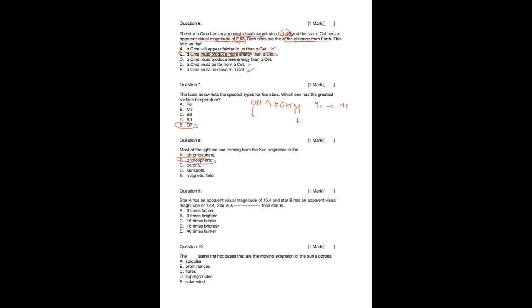The hint I can give you here is FA over FB equals 2.51 to the power MB minus MA. So where do we plug in what in this equation?